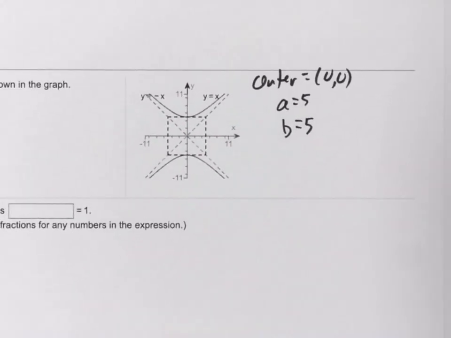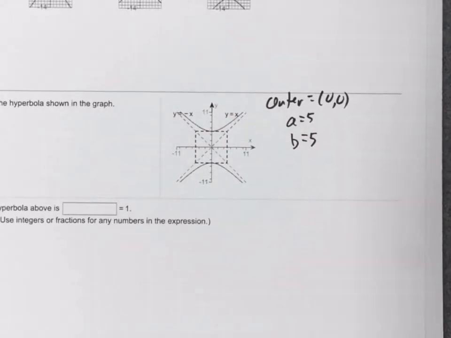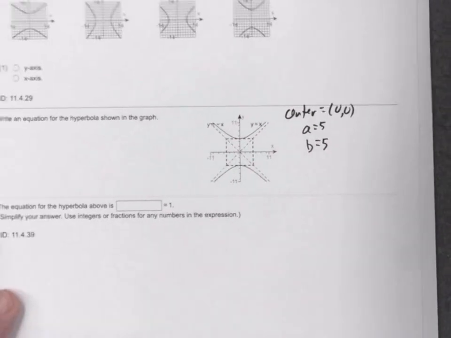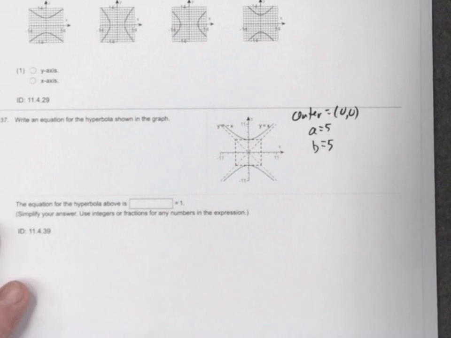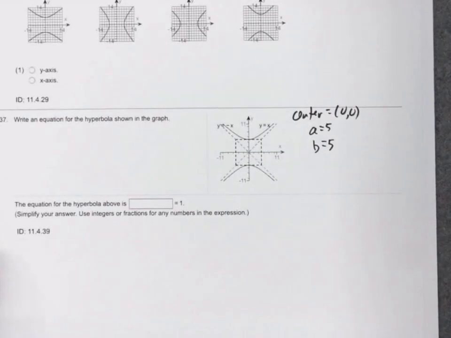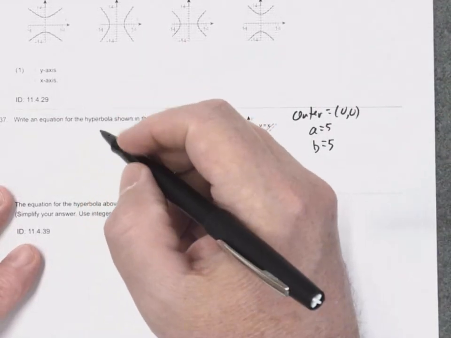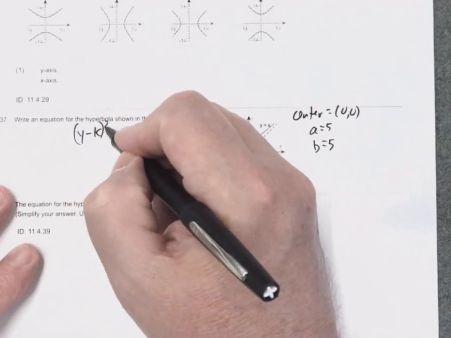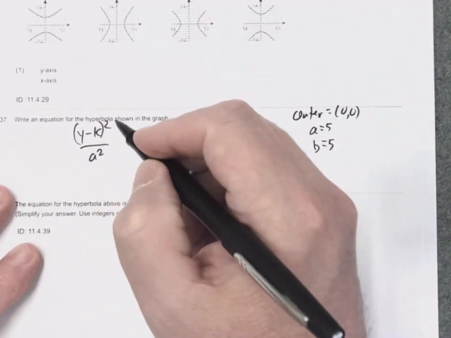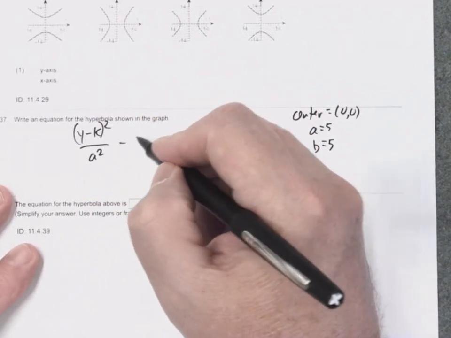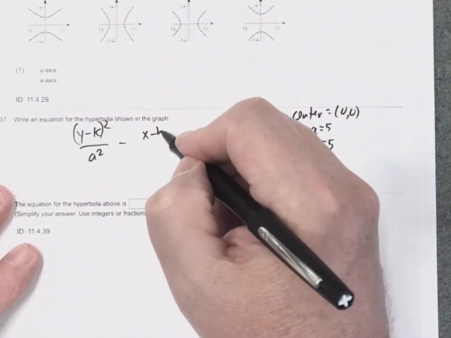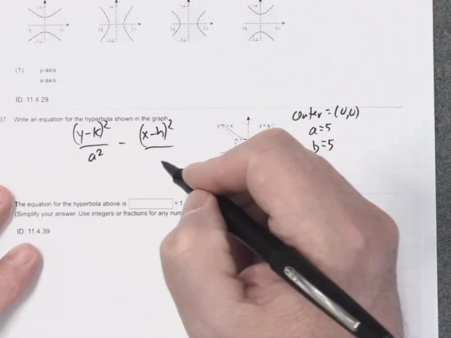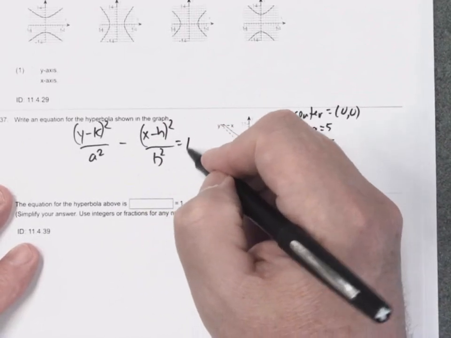So let me write down the standard equation for an up or down hyperbola. So that's where the y is the positive term. Y minus k quantity squared over a squared minus x minus h quantity squared over b squared.